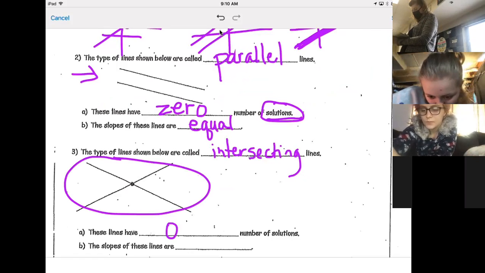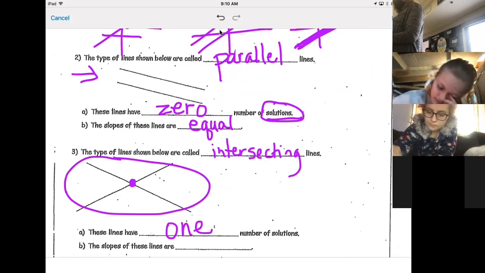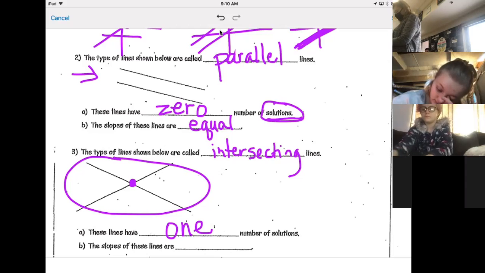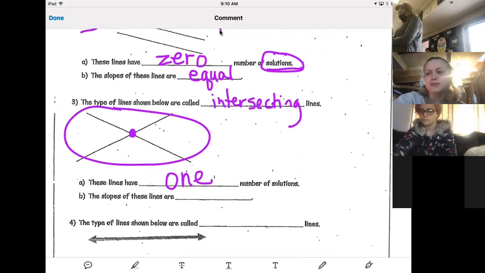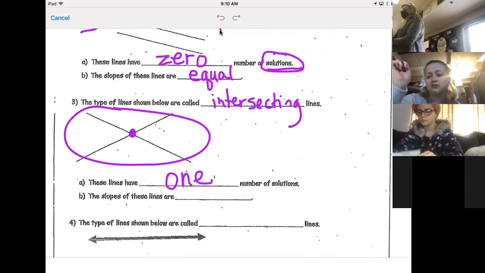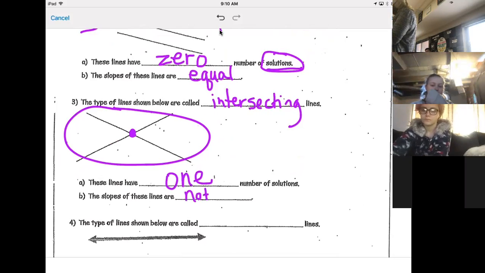One. Right here. That's the solution to that system. The slopes of these lines are opposite? Well, not necessarily opposite. They're just not the same, right? So they're not equal.